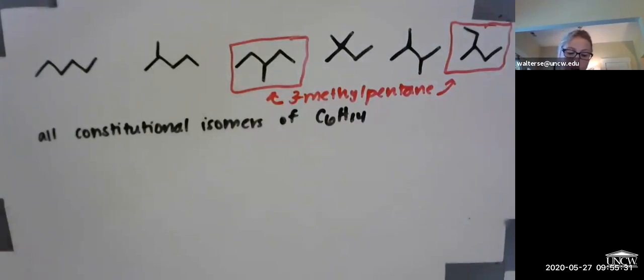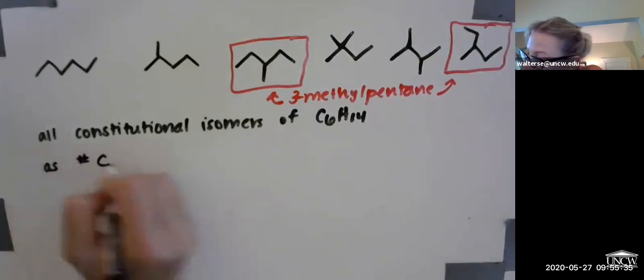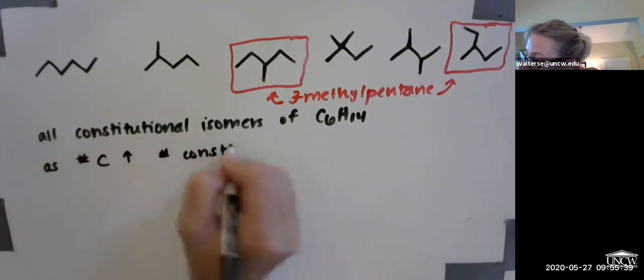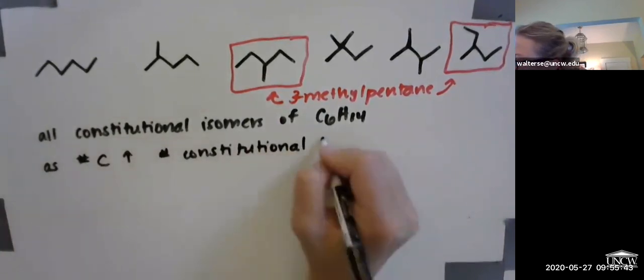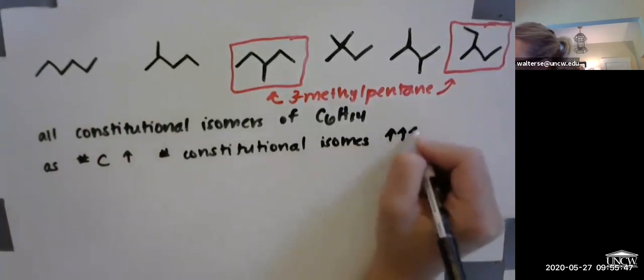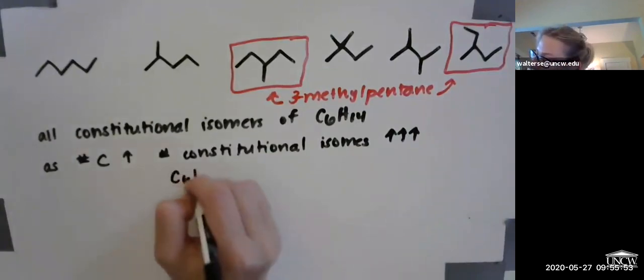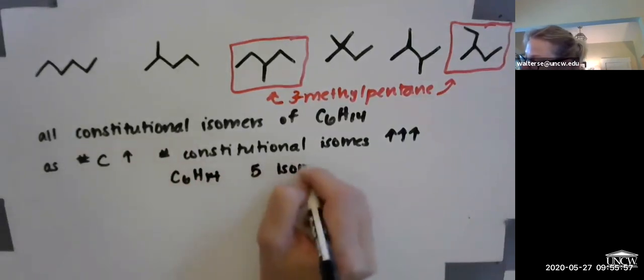As the number of carbon atoms increases, the number of constitutional isomers increases rapidly. So for example, C6H14 has 5 constitutional isomers.